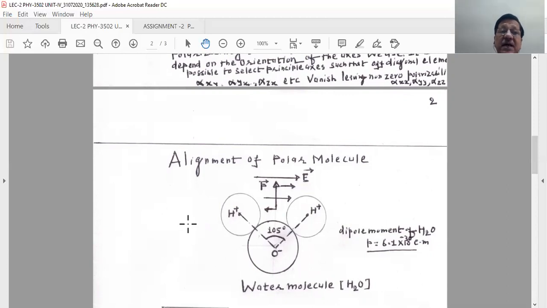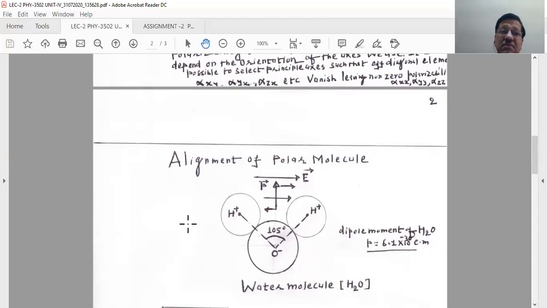But at the same time, consider a heteronuclear molecule. Let us take the case of HCl, or you may consider the HF molecule, or the molecule KCl. Such molecules are there. In these cases, both atoms are not the same or identical. You have dissimilar atoms.